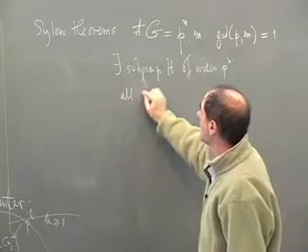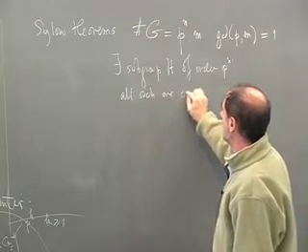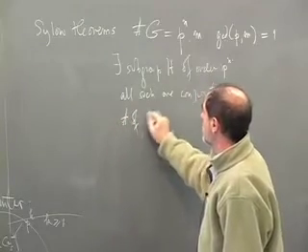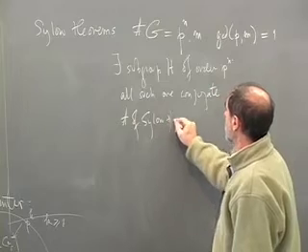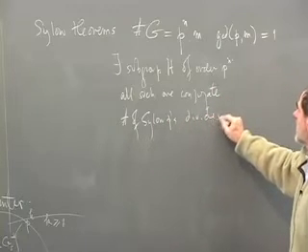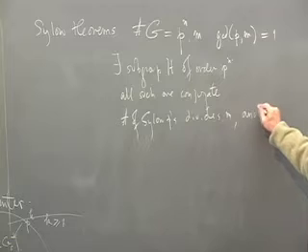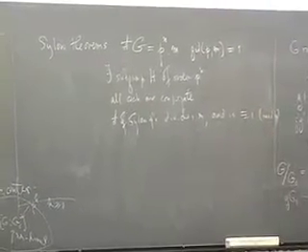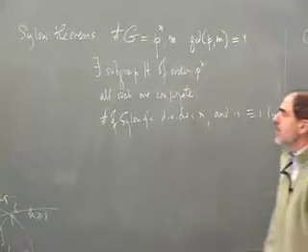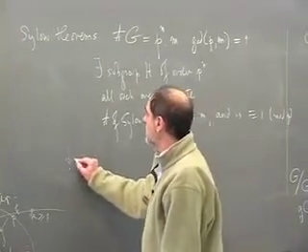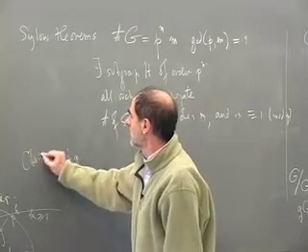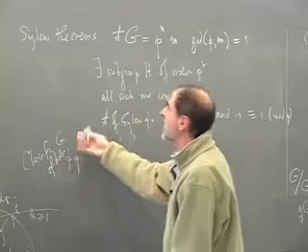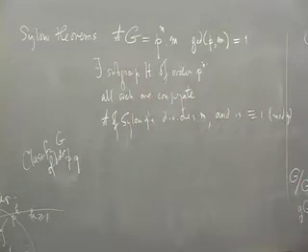All such are conjugate, and the number of Sylow p-subgroups divides m and is congruent to 1 mod p. So that's an important theorem, and you should look at the proof. I wouldn't memorize it. And then we use that to classify groups of order pq. And we'll be using arguments like that undoubtedly on the exam.